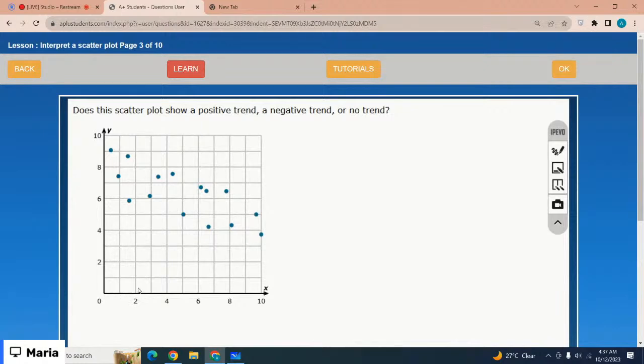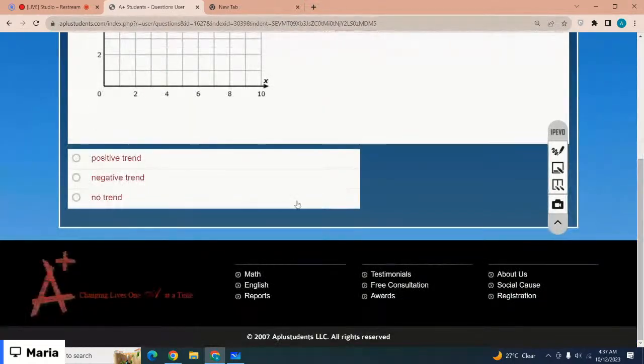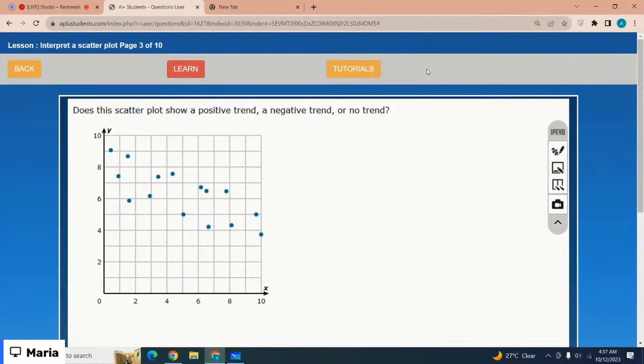You can see as x increases, y values are decreasing, right? When x is 1, y is 10. When x is 10, y is 4. That means when x increases, y is decreasing. That shows the negative trend, right? The correct option is negative trend.